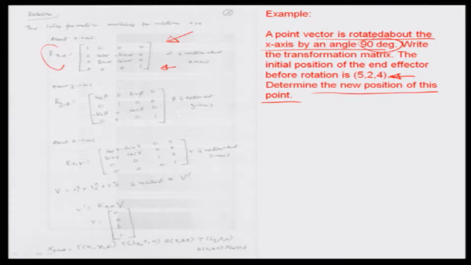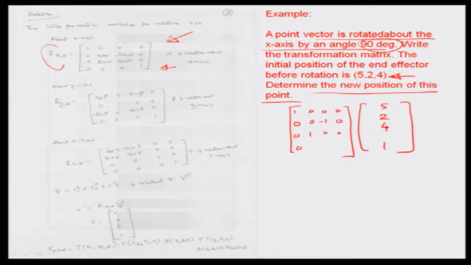So, we would like to apply this transformation to the homogenized vector. The initial position of the end effector before rotation was 5, 2, 4. So, we multiply by the transformation matrix here, which is 1 0 0 0, 0 cos of 90, which is 0, minus 1 (sine of 90), 0, 0 1 0 0 and 0 0 0 1.